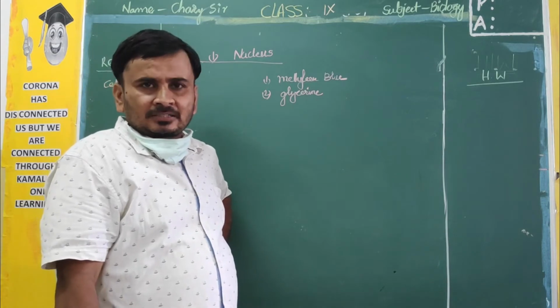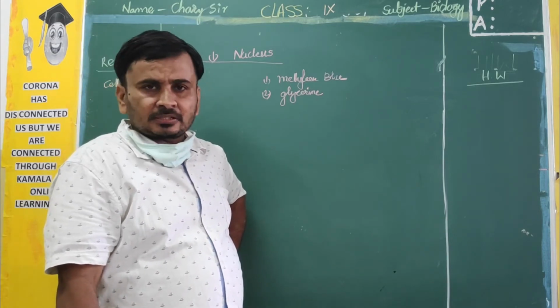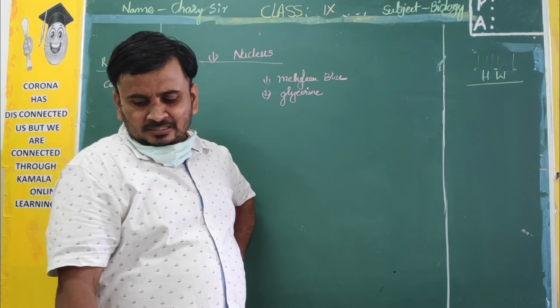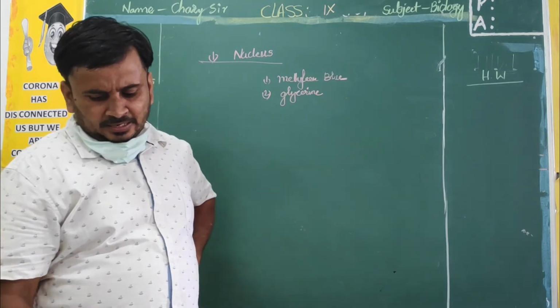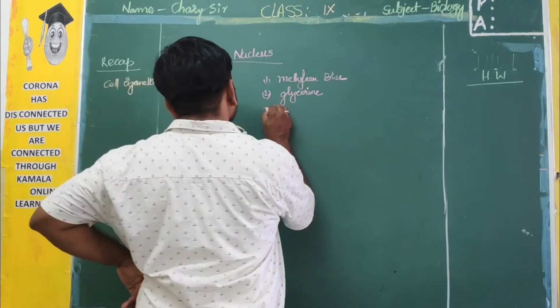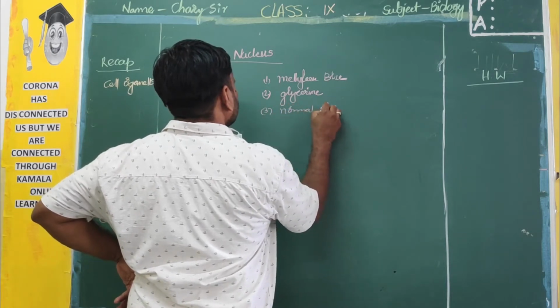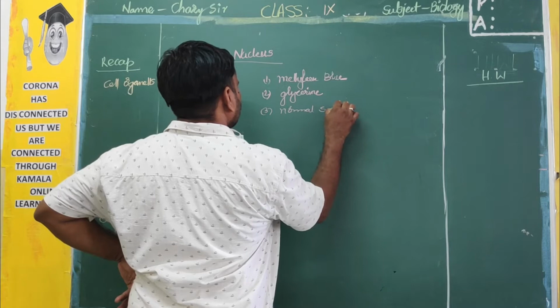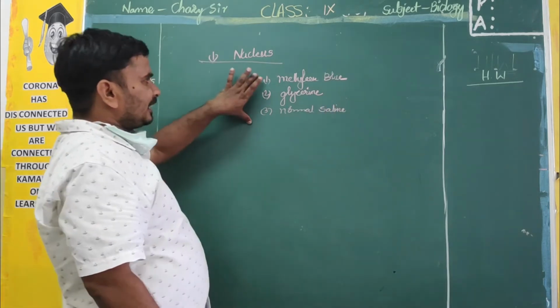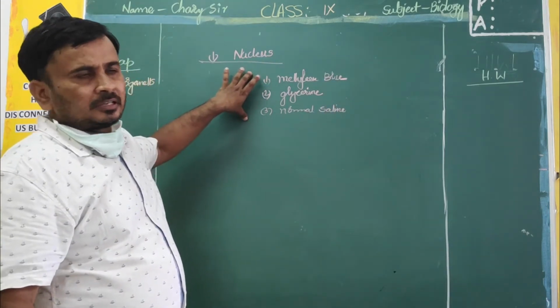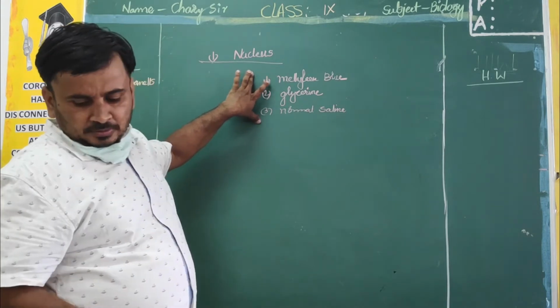Methylene blue and glycerin are needed, along with normal saline water. So these are the three chemicals needed. The remaining things, like slides, cover slips and watch glass, are instruments.